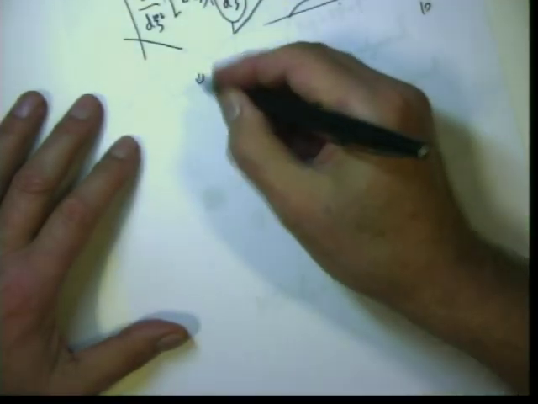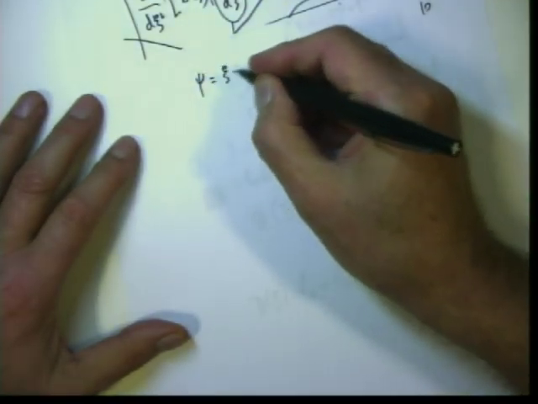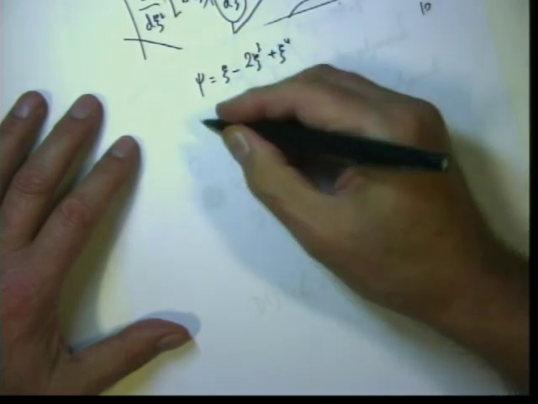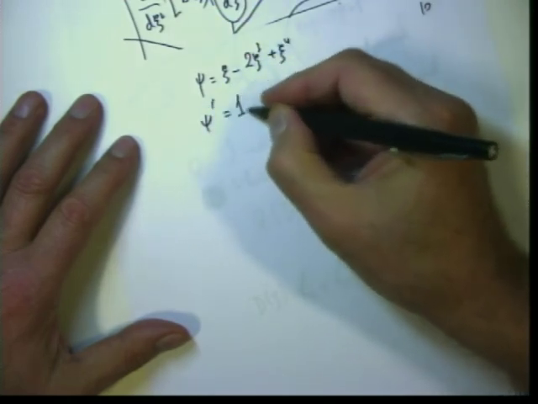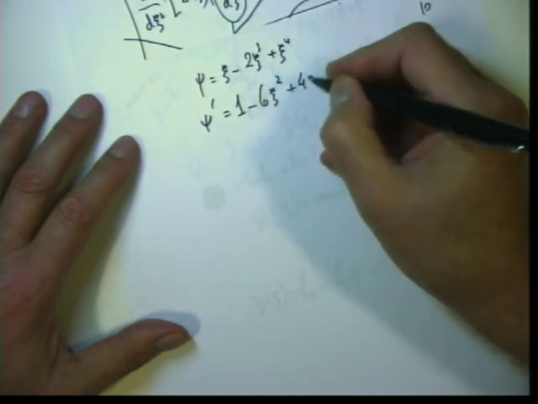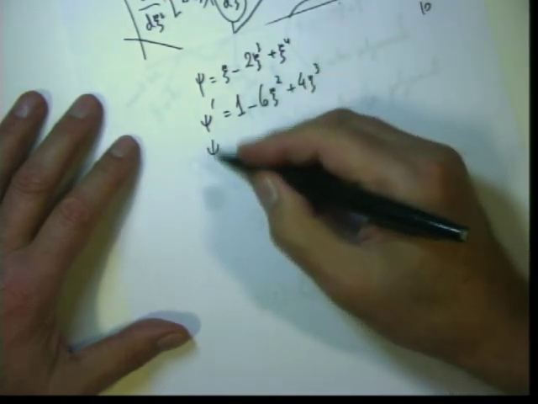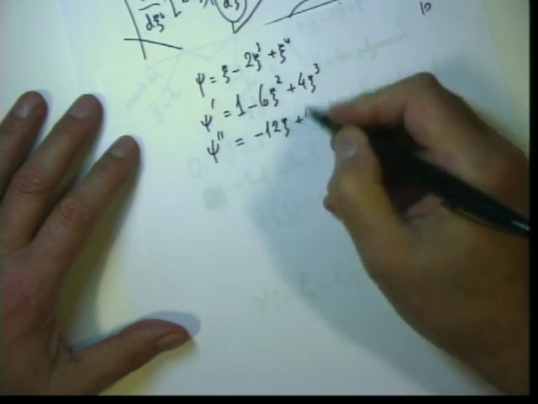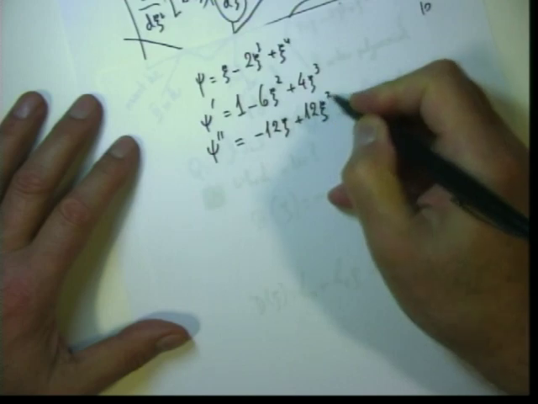Okay? Then let us substitute this here. So let us calculate first this. So we start with psi. Psi equals xi minus 2 xi cubed plus xi to the fourth power. First derivative equals 1 minus 6 xi squared plus 4 xi cubed. Second derivative equals minus 12 xi plus 12 xi squared.